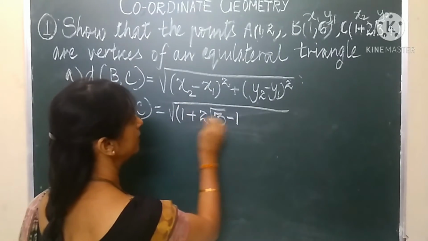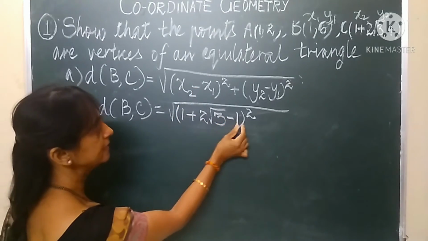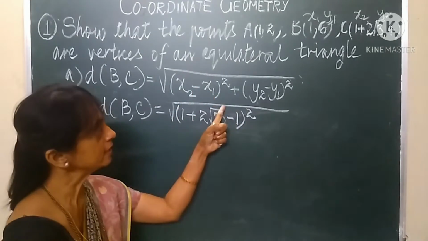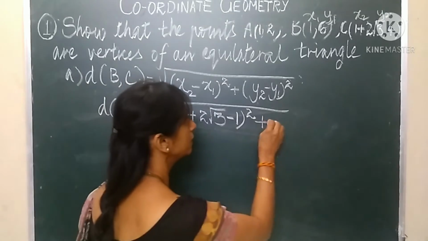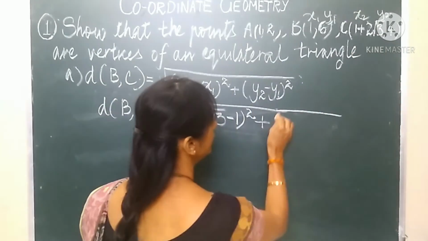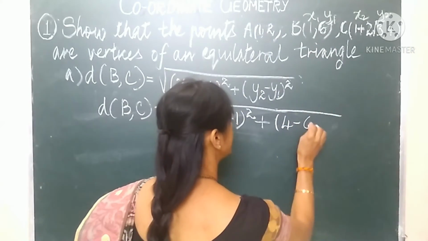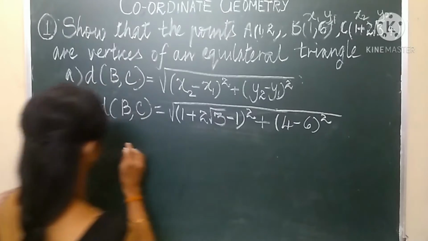Let's not forget the square. So x2 minus x1 the whole square plus, let's move on, to substitute y2 is given by 4 minus y1, that is 6, the whole square.